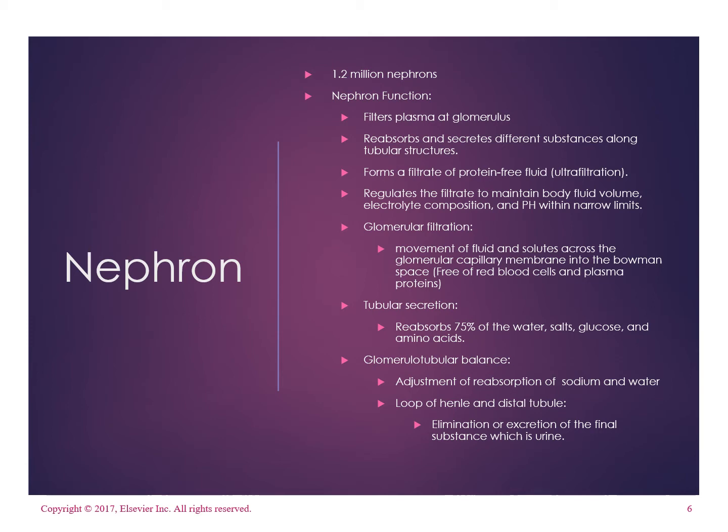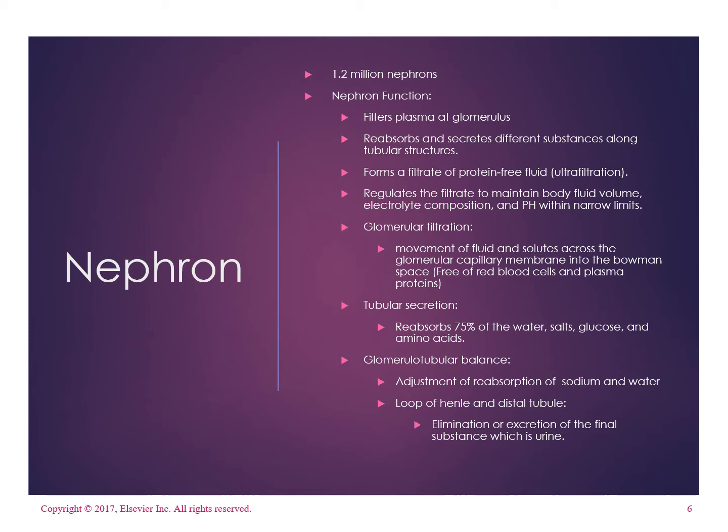The nephron filters plasma at the glomerulus. It reabsorbs and secretes different substances along the tubular structures. It forms a filtrate, a protein-free fluid, which we call an ultrafiltrate. It regulates the filtrate to maintain body fluid volume, electrolyte composition, and pH within narrow limits.